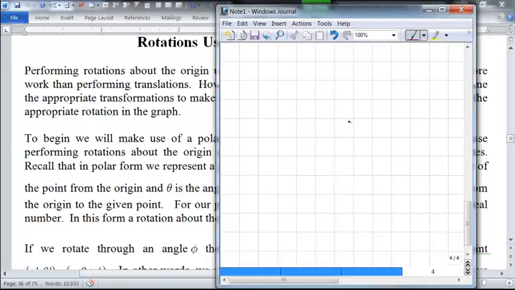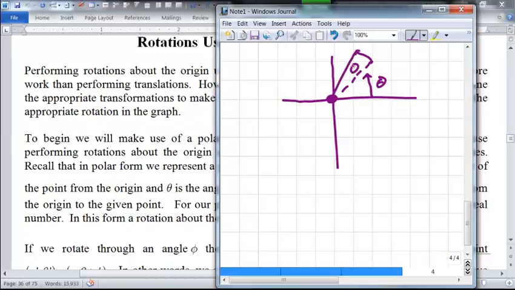Now, if we're having that situation, it's very easy to rotate a point, because if you have it here and you're rotating about the center, and say this is the angle theta, we can just rotate an additional angle phi, whichever way you want to pronounce that. The point stays at the same distance from the origin, so the r stays the same, but the phi is just added to the theta.